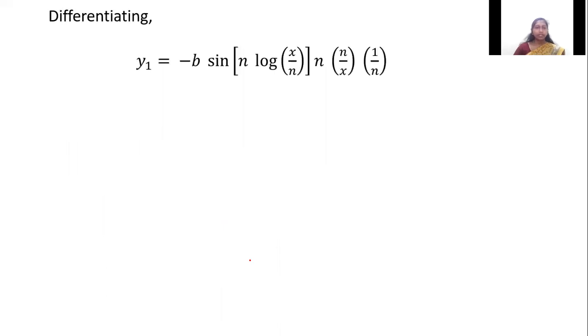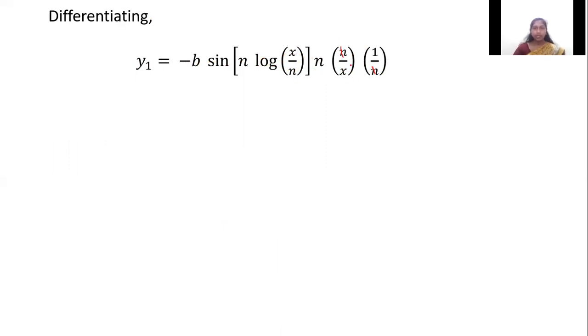Now differentiating, what we get, y1 is equal to minus b sine n log x by n into derivative of n log x by n, which is n into 1 by x by n, can be written as n by x into 1 by n. Now we can cancel the possible like terms from the numerator as well as denominator.